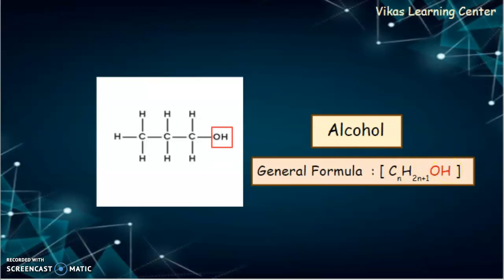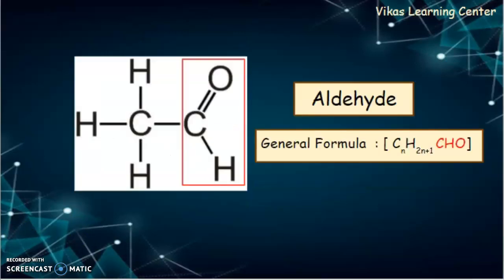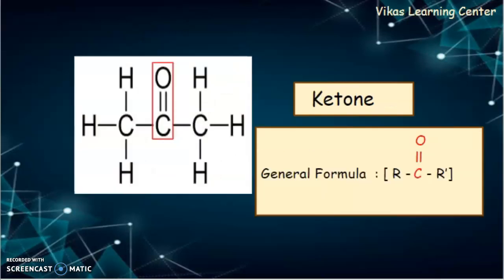Whenever you notice the presence of a CHO group, that is an aldehyde. Such organic compounds are called aldehydes, whose general formula is CnH2n+1CHO. If you notice the presence of a C=O group, such organic compounds are called ketones, whose general formula is R-C(=O)-R.